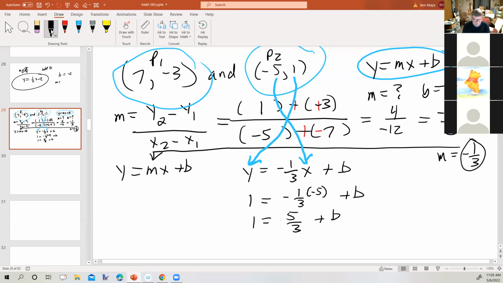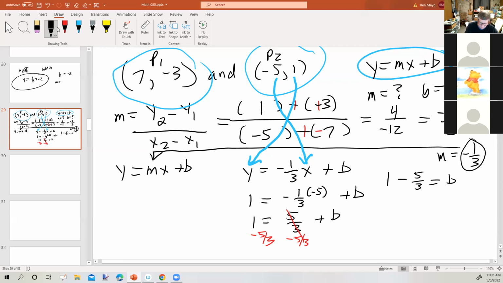What am I trying to do? I'm trying to solve for B. So next move, I'm going to subtract 5/3 from both sides of the equation. So what do I have now? I have 1 minus 5/3 equals B.